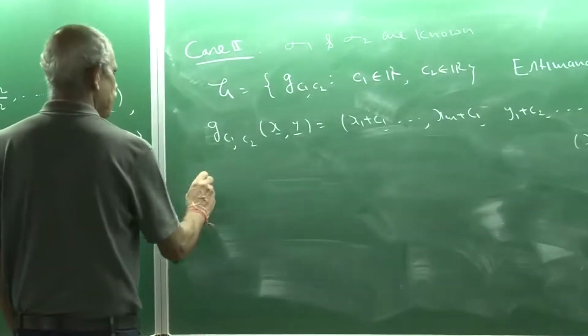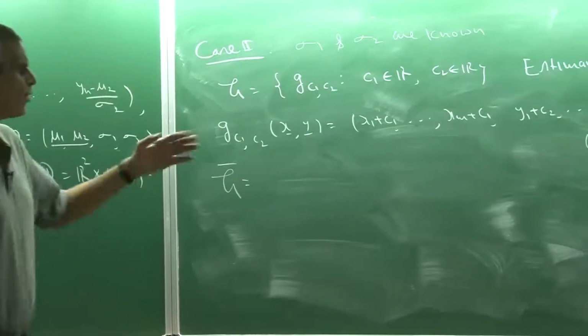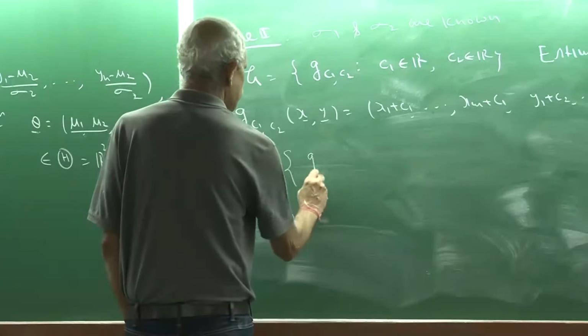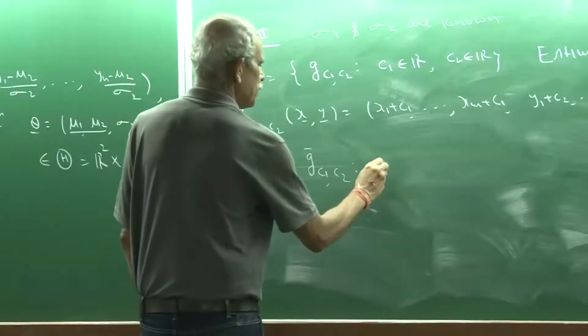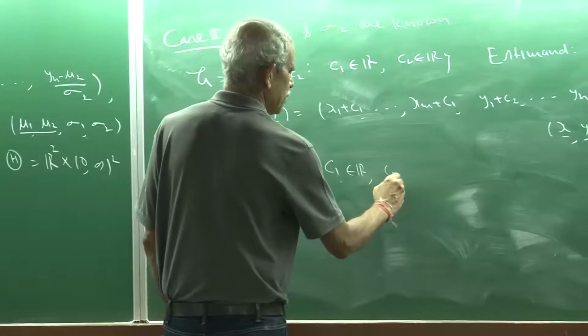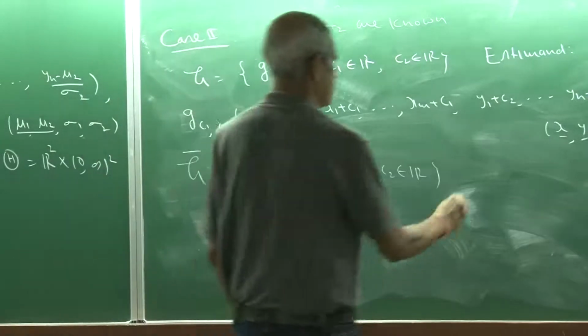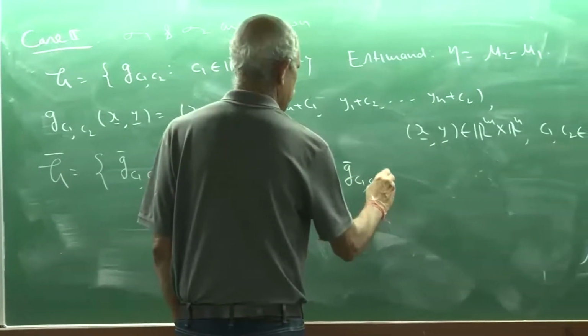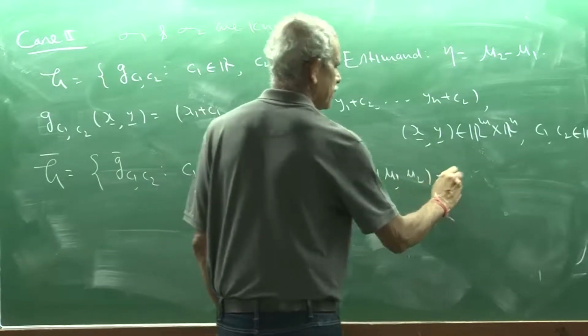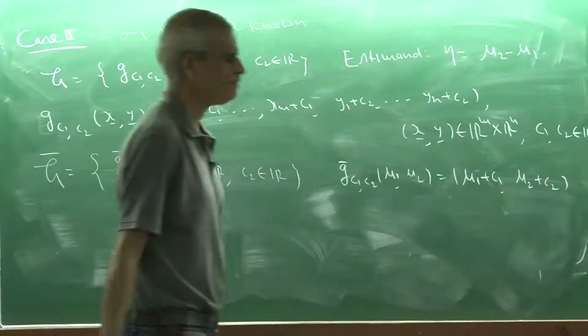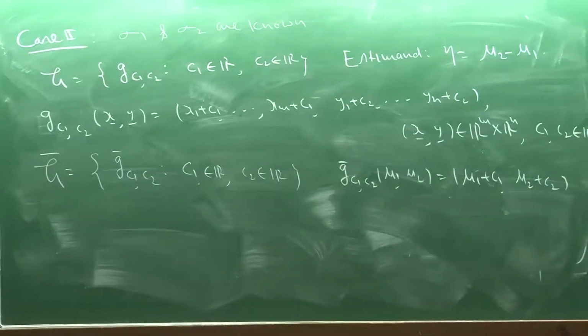So the problem P would be invariant under this group of transformations with the induced group of transformations on the parameter space as G bar c1, c2, c1 belongs to R, c2 belongs to R, with G bar c1, c2 of mu1, mu2 as mu1 plus c1, mu2 plus c2. Mu1, mu2 belongs to R square. c1 is in the real line, c2 is in the real line.